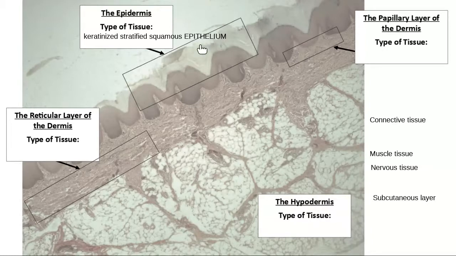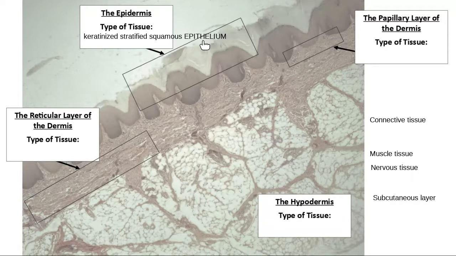Let's go back to our only epithelial tissue that's found in the skin. If you remember from our discussion of epithelial tissue in general, this is called the covering and lining tissue. So it covers the outside of you and it lines the inside of you. So it should be no surprise when we're thinking about our tissue types that the one I find on the outside of the body, covering the outside of you, is epithelial tissue.